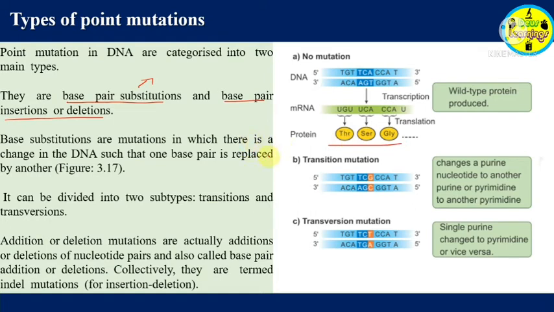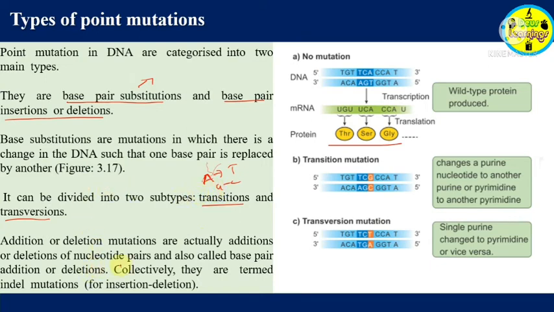Transition is when purine is replaced by purine, for example, A is replaced by G or T is replaced by C. Okay, that will be transition. And transversion is when purine is replaced by pyrimidine or pyrimidine is replaced by purine, that will be known as transversion mutation.